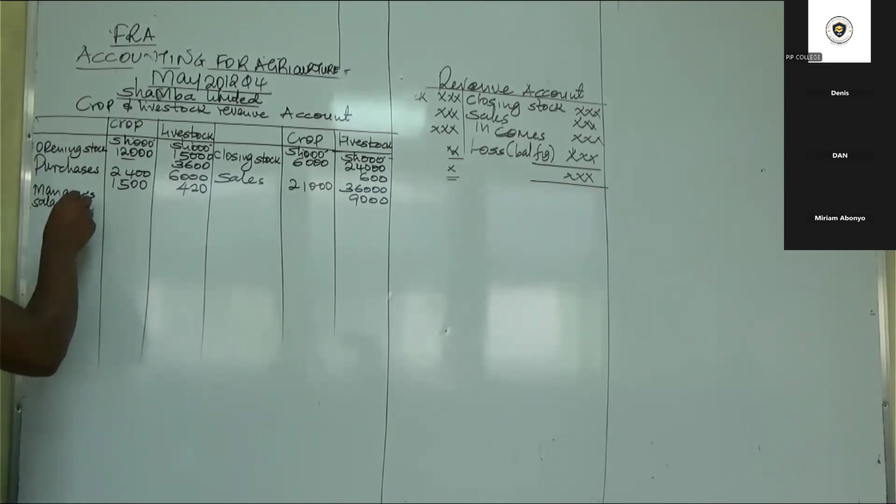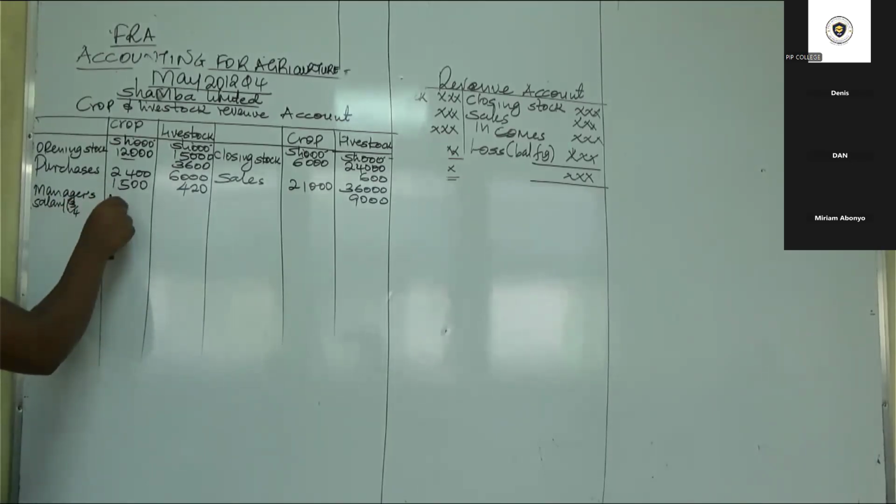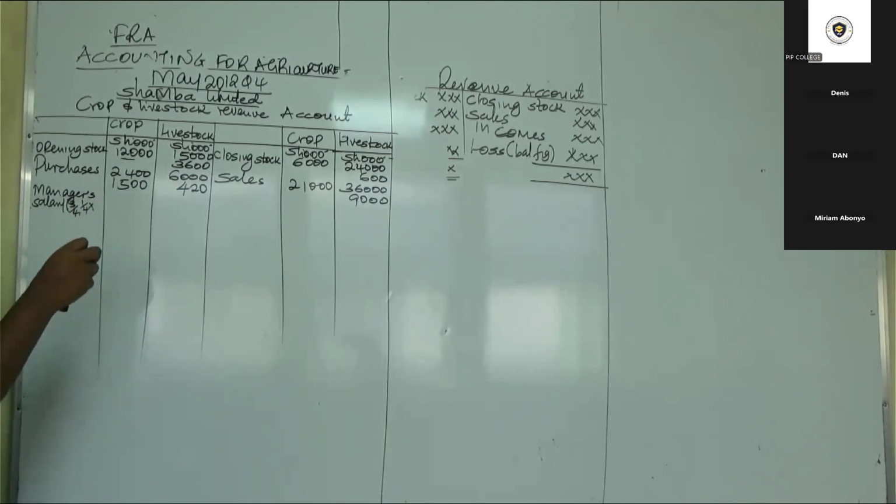So for the crop you will take 3/4, then 1/4 for livestock, of the manager's salary, that is 600.